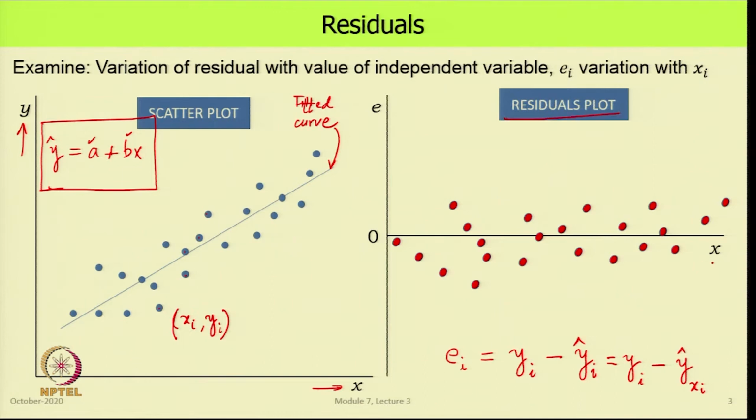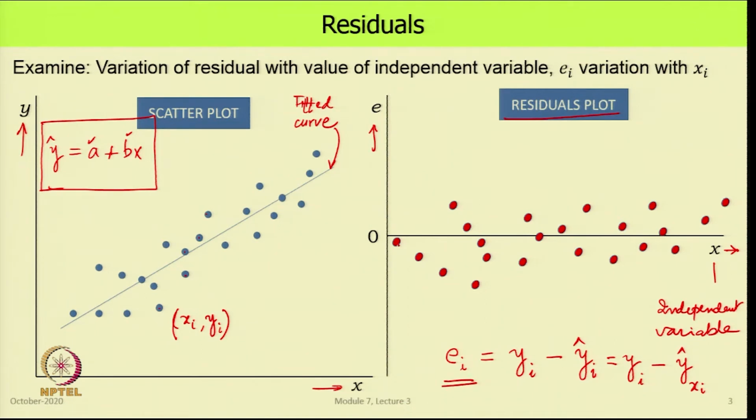On the x axis, we are still plotting the independent variable, but on the y axis now we are plotting the residual e, which came from this relation.